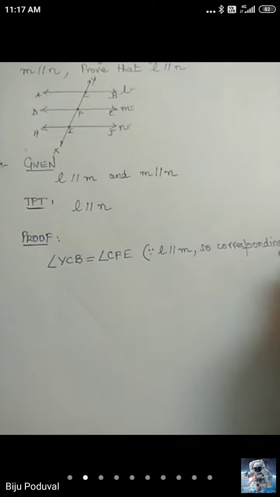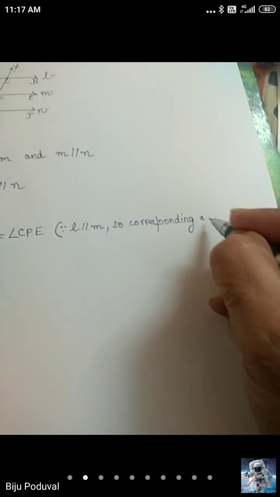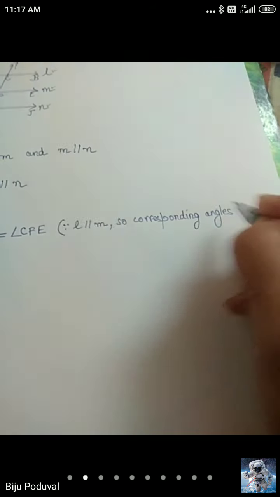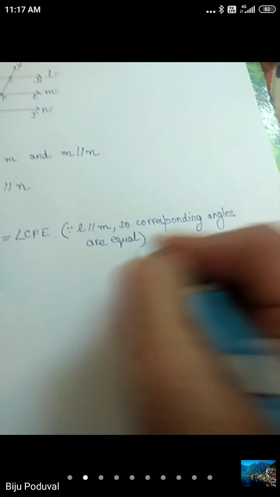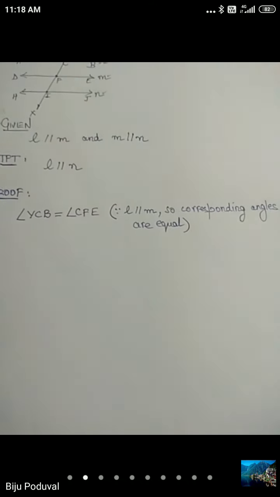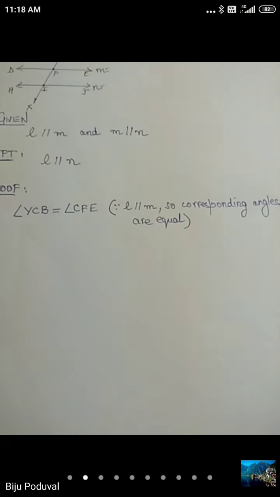You're seeing how I'm writing? Corresponding angles are equal. So, proof: angle YCB equals angle CFE because L is parallel to M, so corresponding angles are equal.